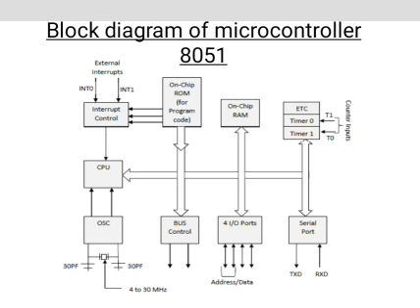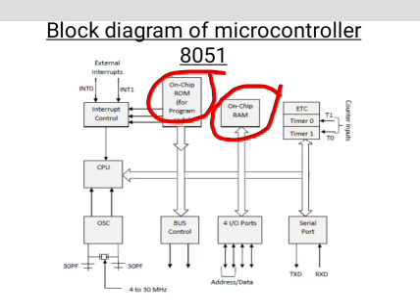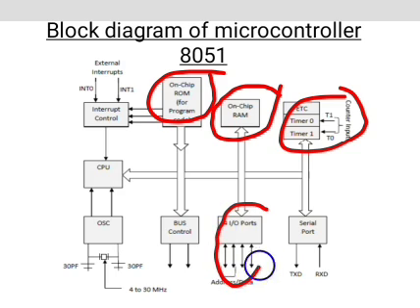It is built with 40 pins DIP, that means dual inline package, 4 kilobytes of ROM storage and 128 bytes of RAM and two 16-bit timers, and also it consists of four 8-bit ports which are programmable as well as addressable as per the requirement.